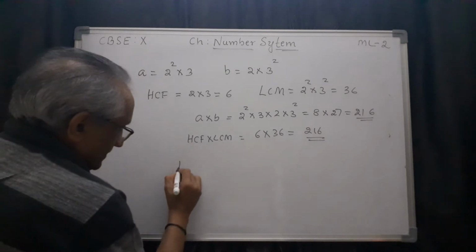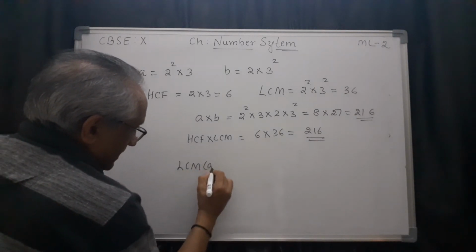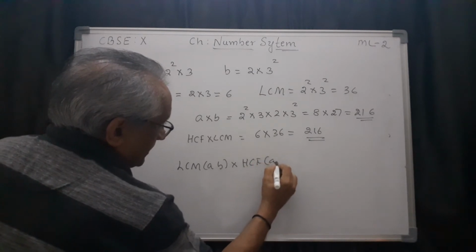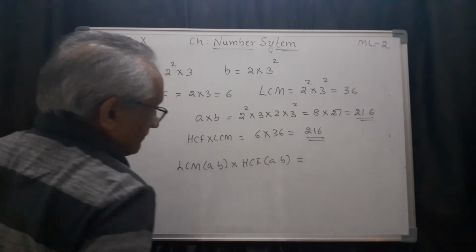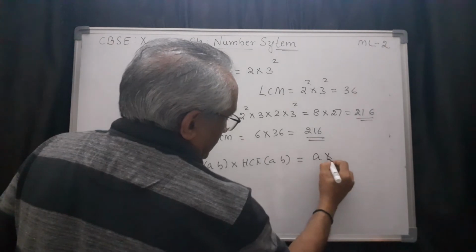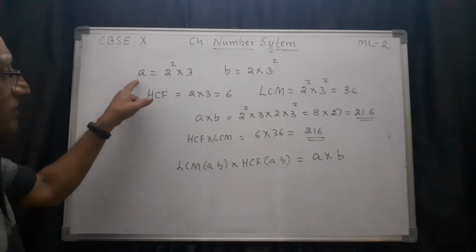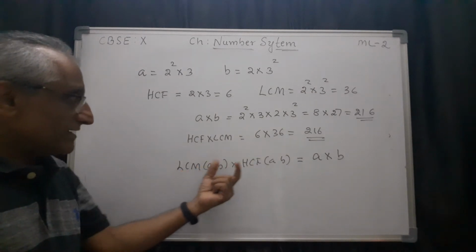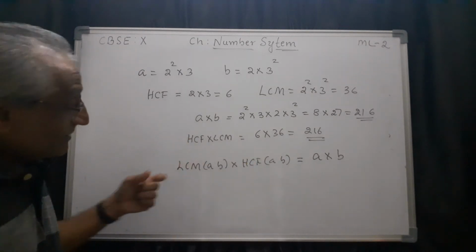The LCM of any two numbers into the HCF of those two numbers is always equal to A into B. That is, the product of the numbers is the same as the product of the LCM and HCF. This is a very useful result.